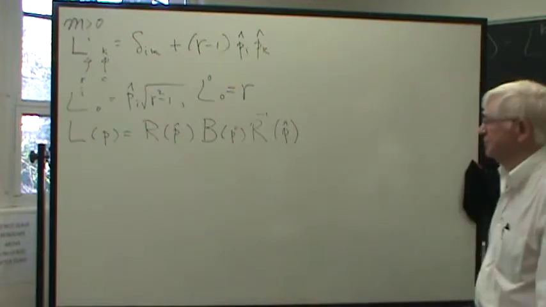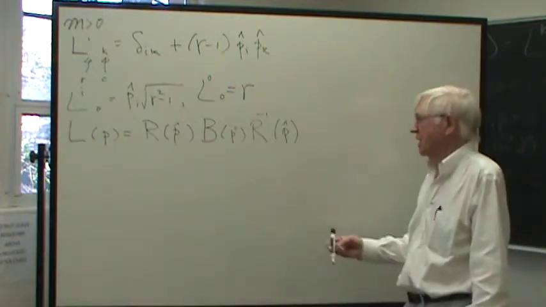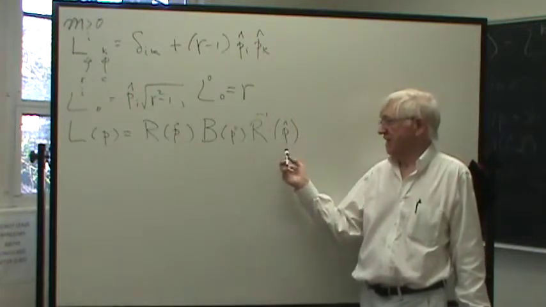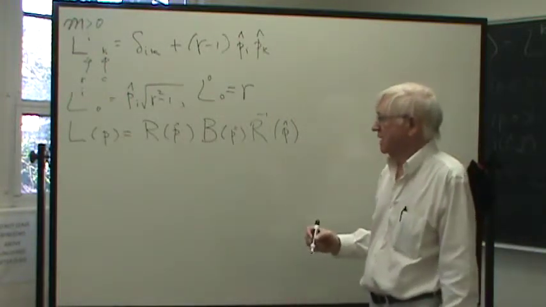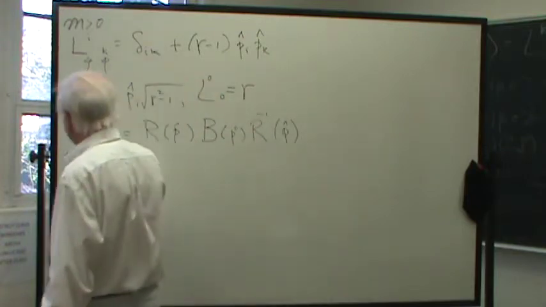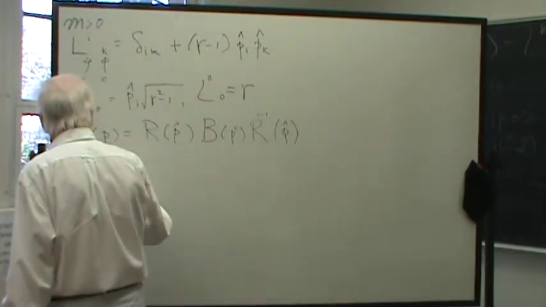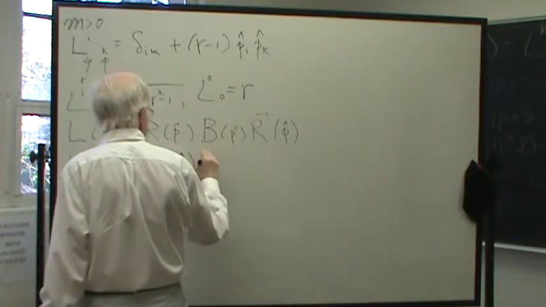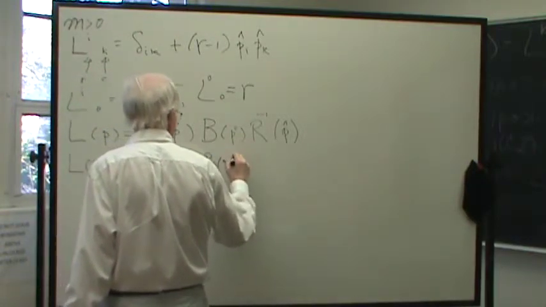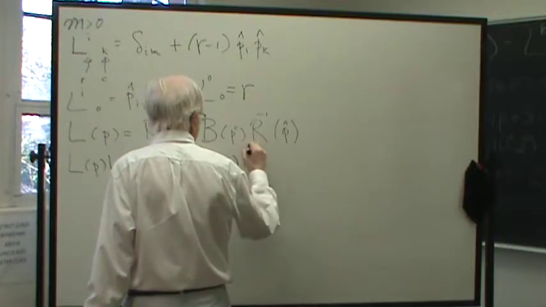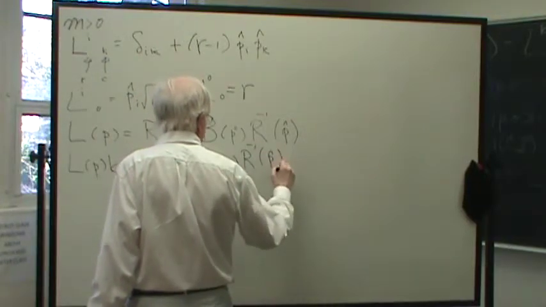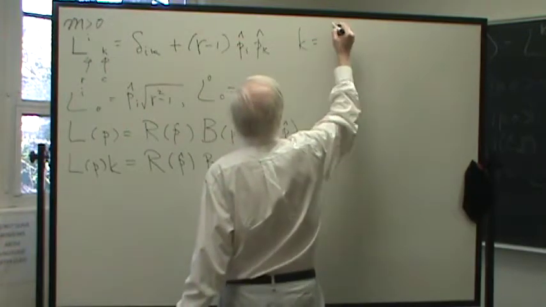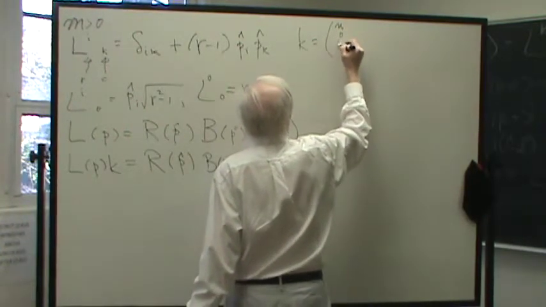Okay, R inverse of P hat. Now notice there's something arbitrary about this last term. Because L of P, what does this do to K? Well, it's R of P hat, B of P, R inverse of P hat on K. But K, for the massive case, is (M, 0, 0, 0).